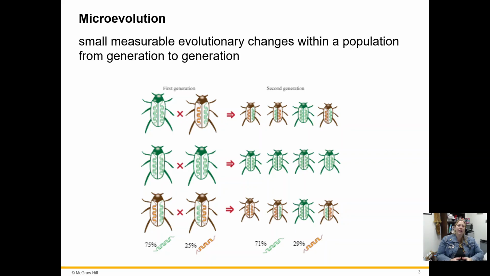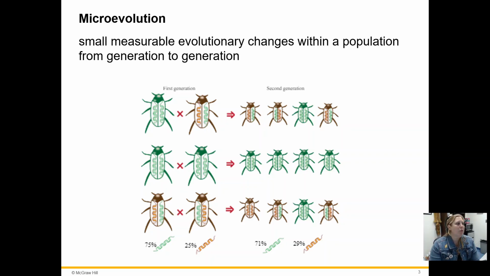This means that I am seeing small changes within the gene frequencies from one generation to the next, and this is what microevolution is. We see this through genetic reshuffling in sexual reproduction, and through potential changes from mutations.